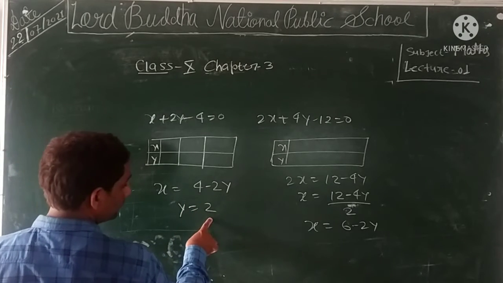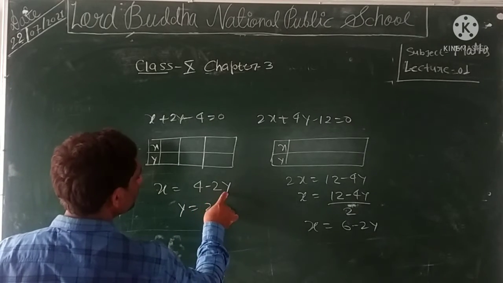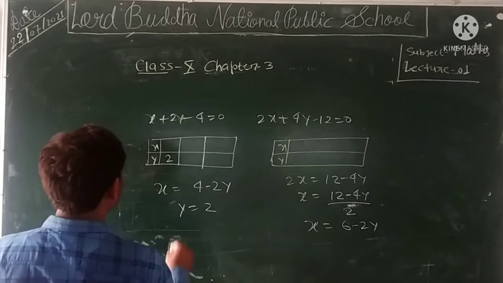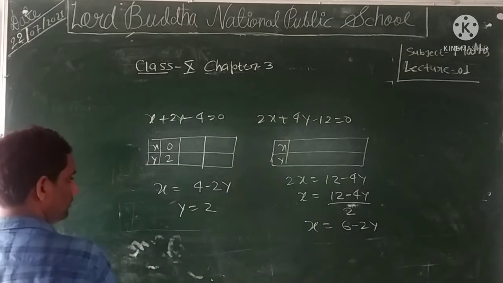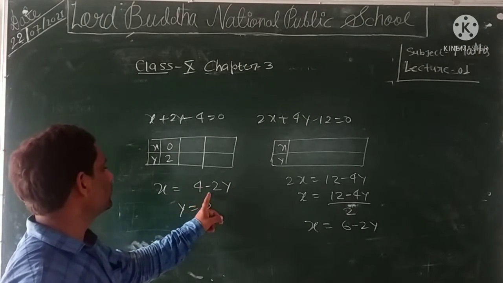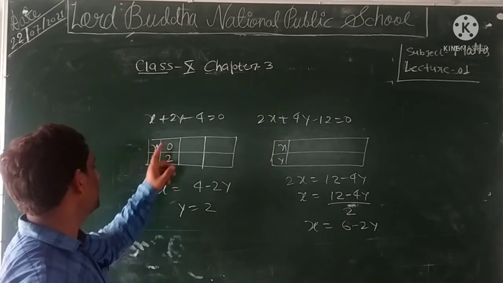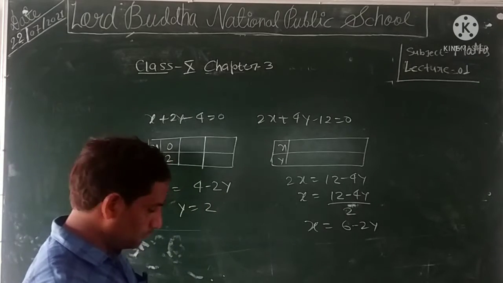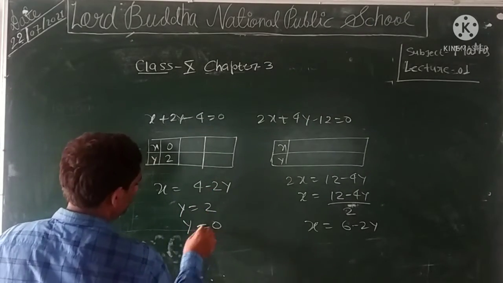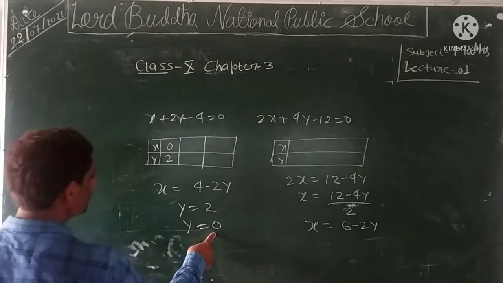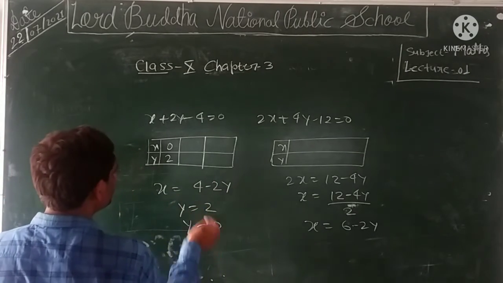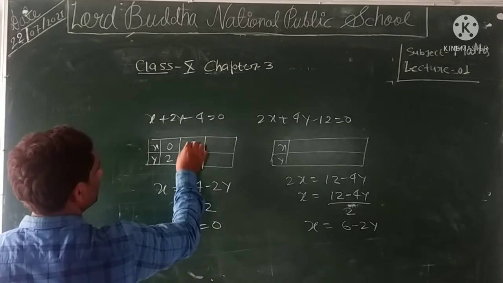When y equal to 2, 4 minus 2 into 2 is 4, 4 minus 4 is 0, so x equal to 0. Now we select y equal to 0. 4 minus 2 into 0 is 0, so x equal to 4. That gives 4, 0.